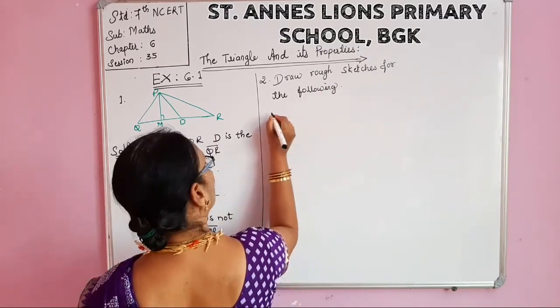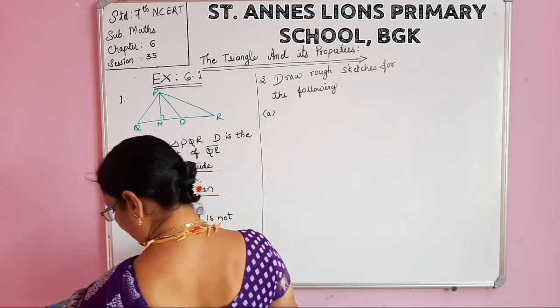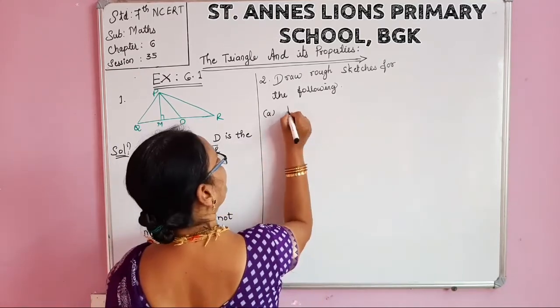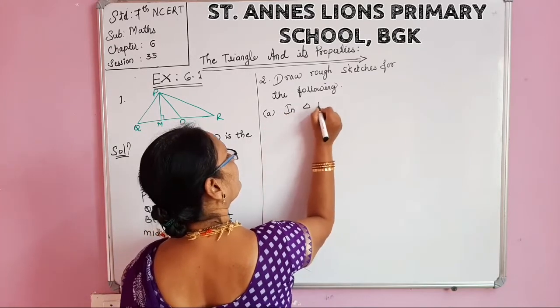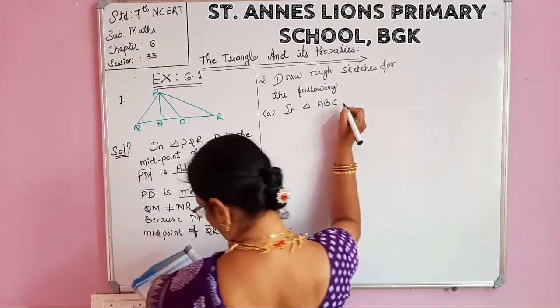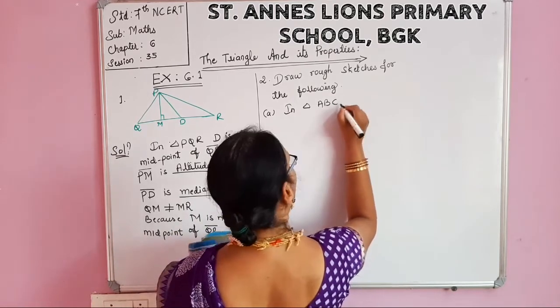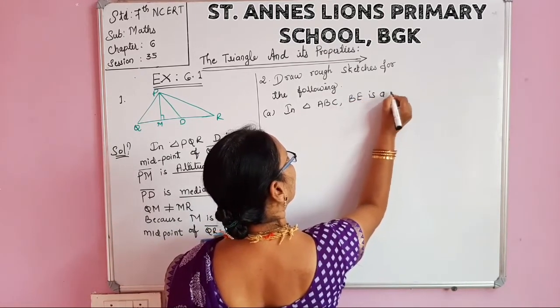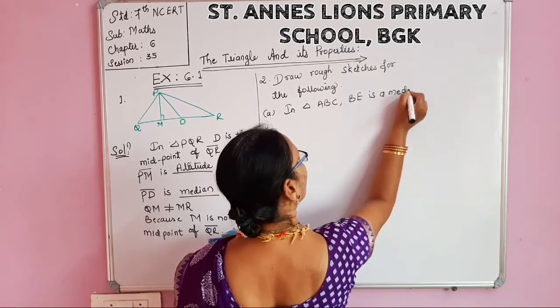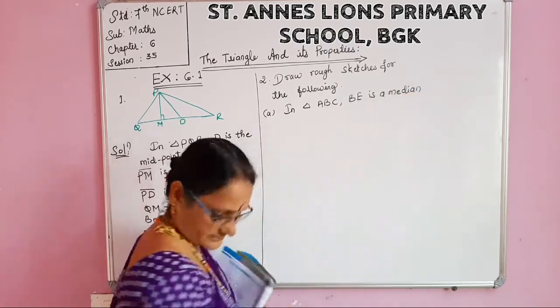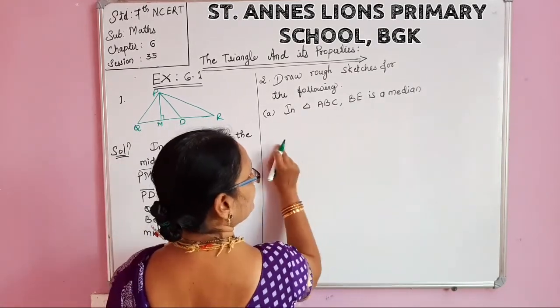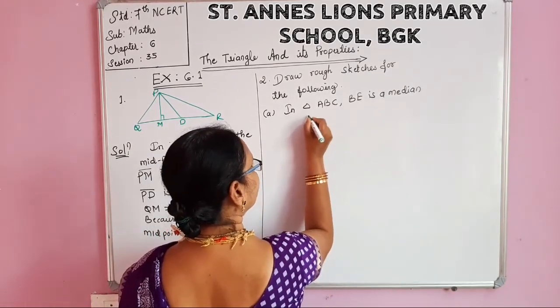First one, what we have to draw? In triangle ABC, BE is a median. Okay, we have to draw it. We will draw it. ABC triangle, BC must be the base.